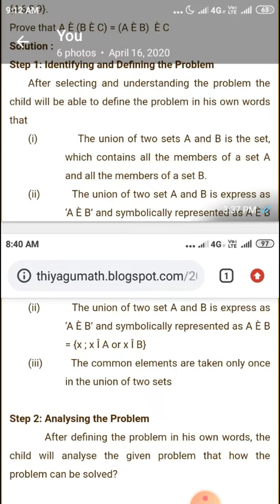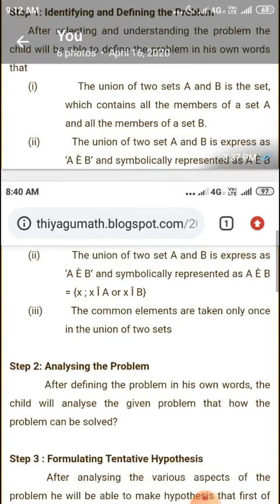The common elements are taken only once in the union of the sets.